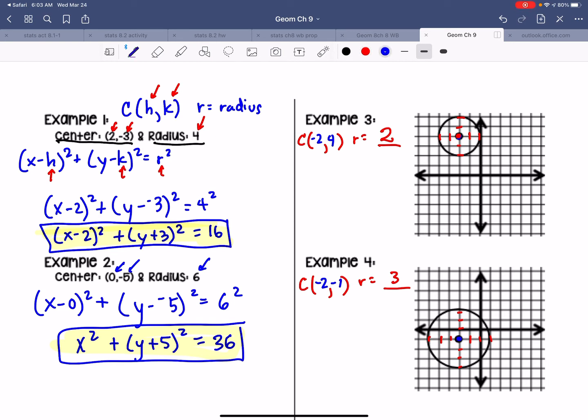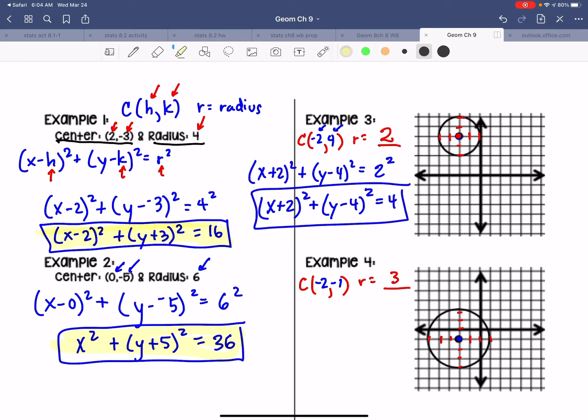So let's do it. We've got x, it says negative 2, so we're going to write plus 2. It says positive 4, so we're going to write minus 4. And radius squared. So that would be, voila, final answer.